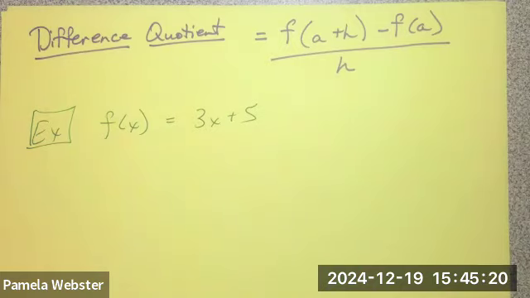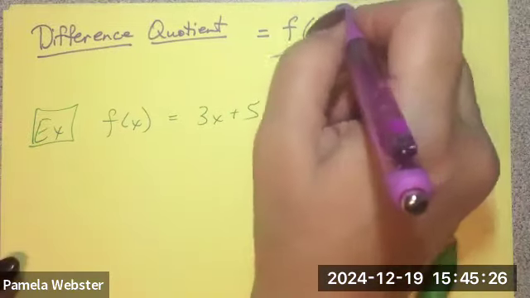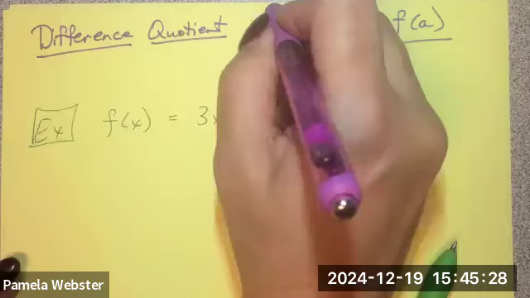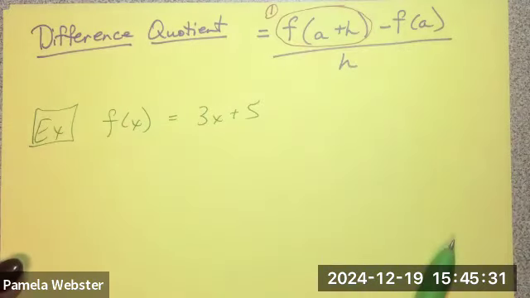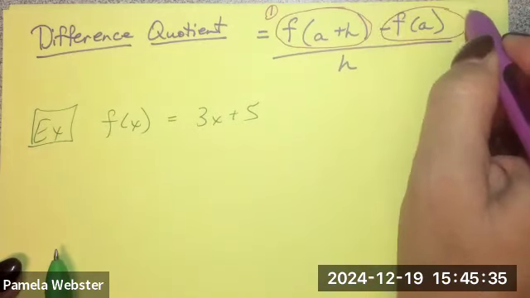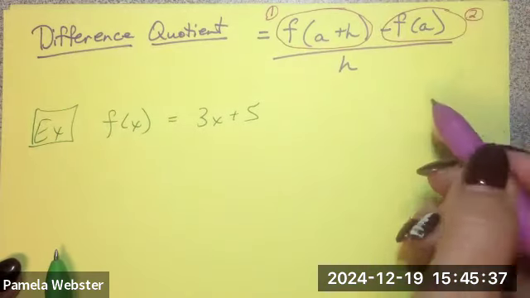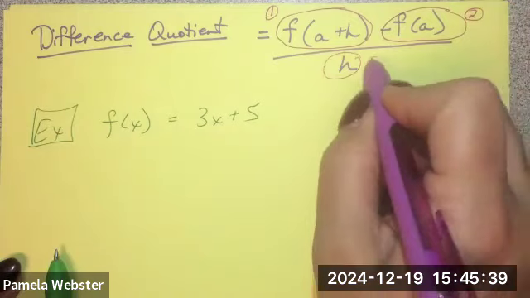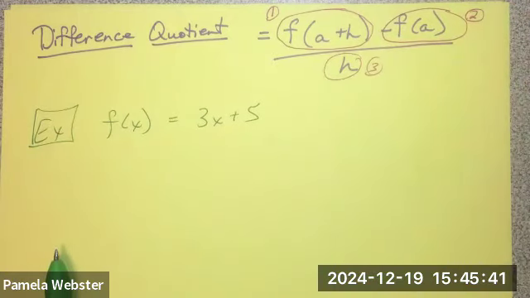In fact, your book calls it the 3-step process. So I'm going to do the f of a plus h stuff. That's one step. Then I'm going to subtract this guy. That's the second step. And then I'll divide by h as the third step.